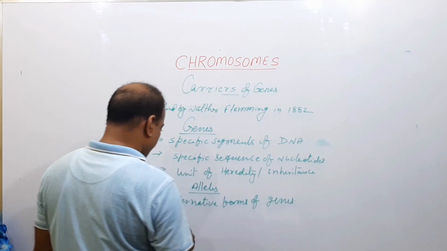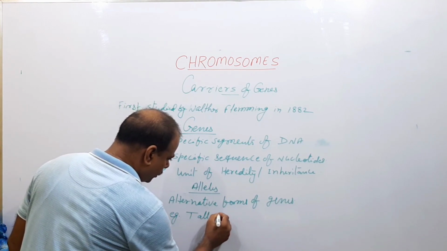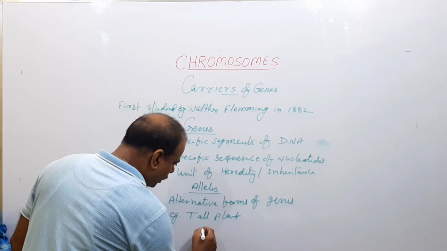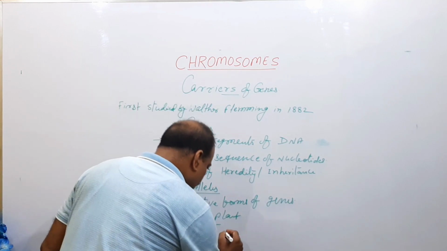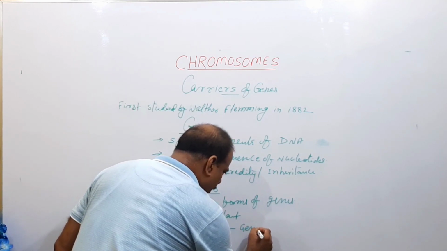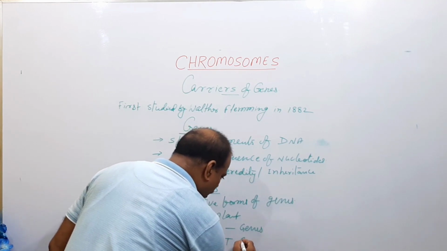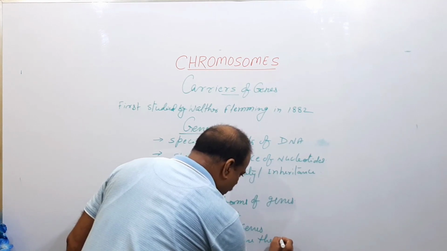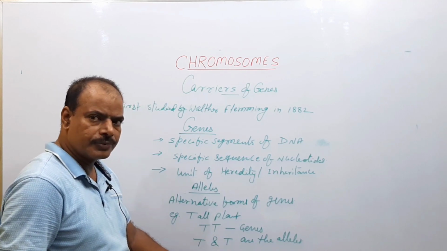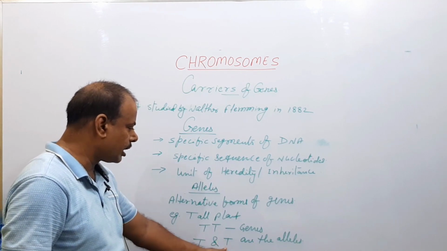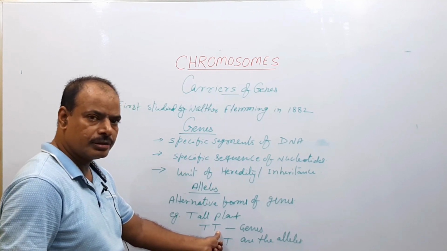Suppose we take an example of a tall plant. Here capital T and capital T are the set of genes, and each capital T is an allele. So these are the two alternative forms, known as alleles, whereas it is a pair of genes.